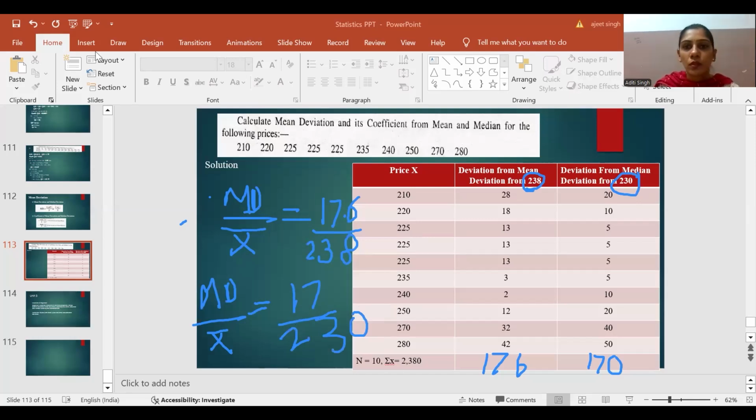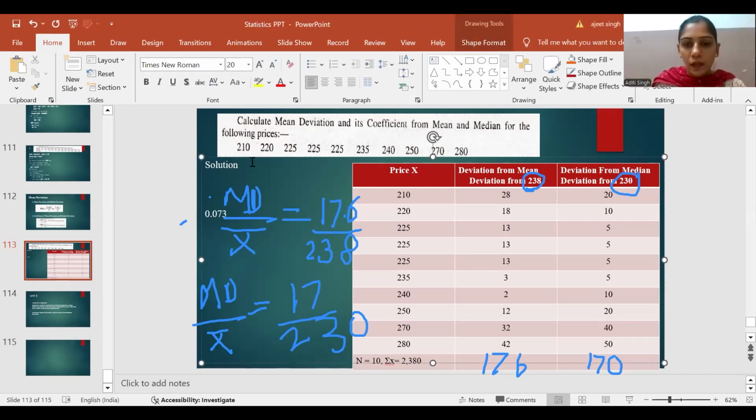If we calculate the value of the coefficient of mean deviation, 17.6 divided by 238, the answer is 0.073. When we calculate the value for median deviation, the answer is 17 divided by 230. So the answer is 0.074.